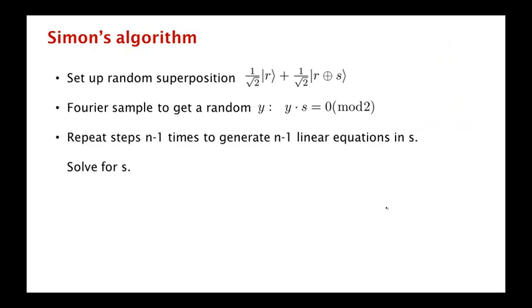Okay, so this algorithm, Simon's algorithm, works in 3 steps. In the first step, we set up an appropriate superposition. The superposition is going to be an equal superposition over these 2 strings, R and R plus S, where R is a random n-bit string.